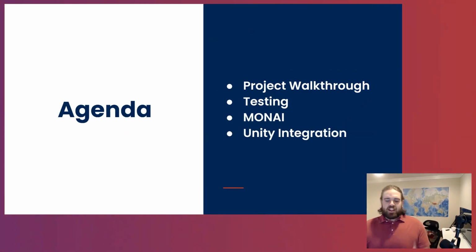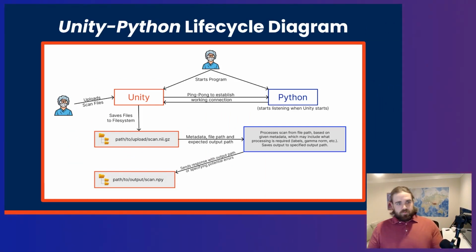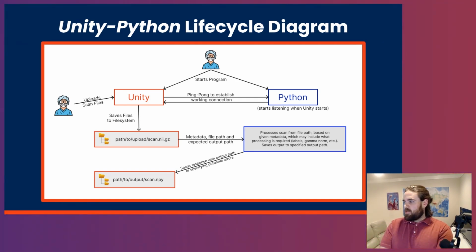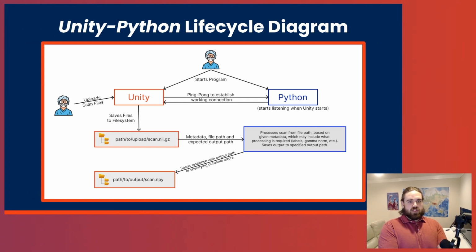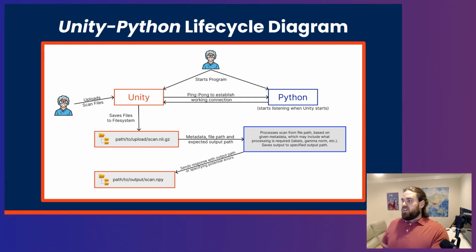So finally, the Unity integration. The Unity and Python lifecycle diagram looks something like this, where the doctor uploads the files, and when the doctor starts the program, it starts both the Python server and the Unity application. From there, Unity and Python do a ping pong, where they make a connection. That allows Unity to ensure that there's actually something there, and Python to tell Unity what's available in the model.